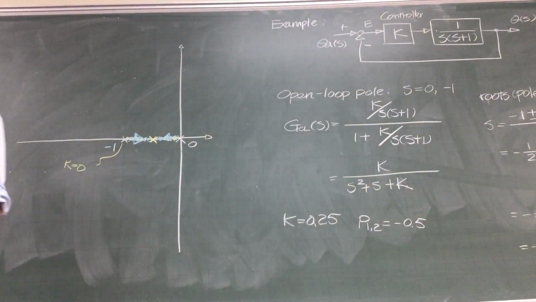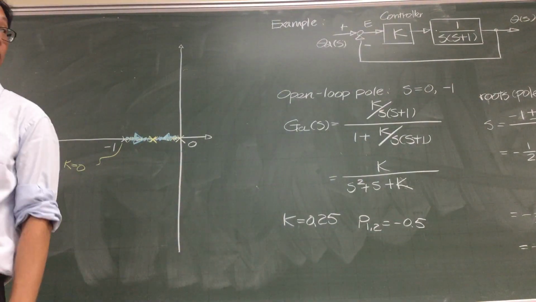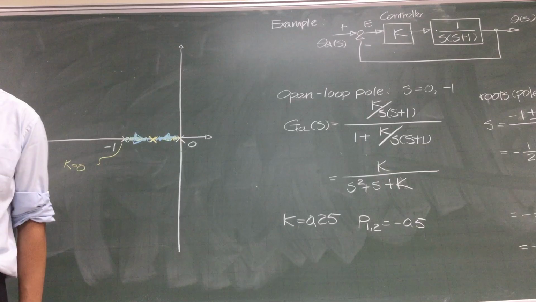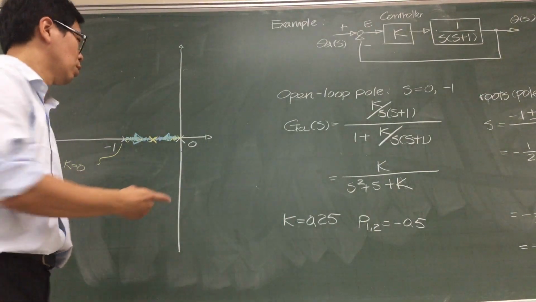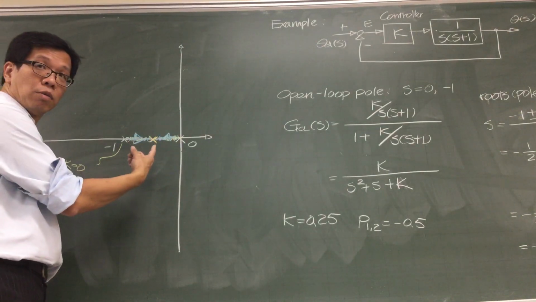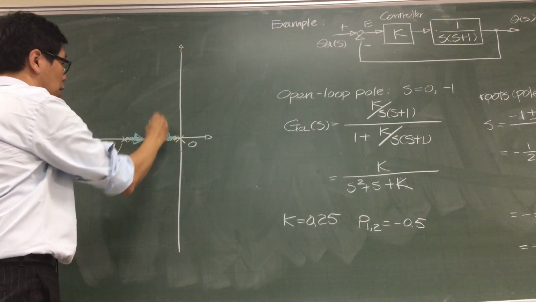If my k is greater than 0.25, what happened? Do I still have real poles, or do the poles become complex ones? Complex. So when they are complex ones, where are they going to move to? One up and the other one down.